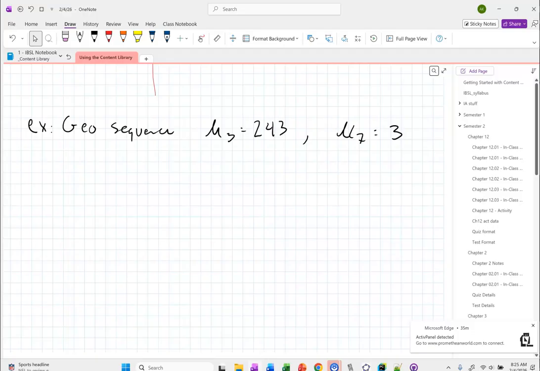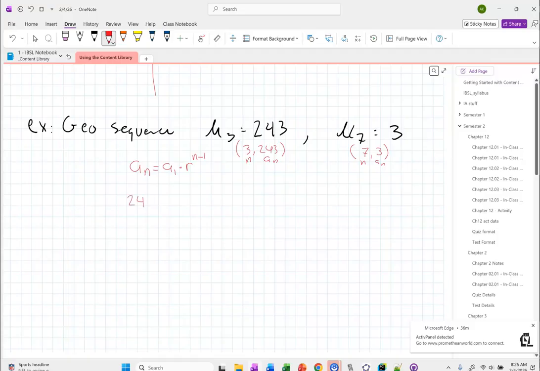So what I'm going to do here is solve a system. I'm going to think about this as 3, 243, and 7, 3, where this is an n, and that's an a sub n. Is everybody okay there?